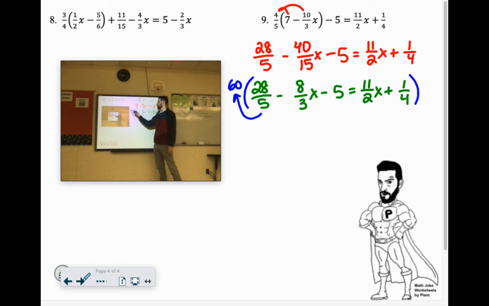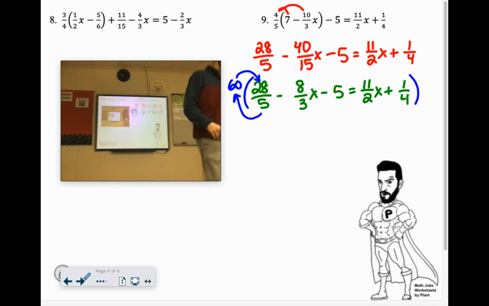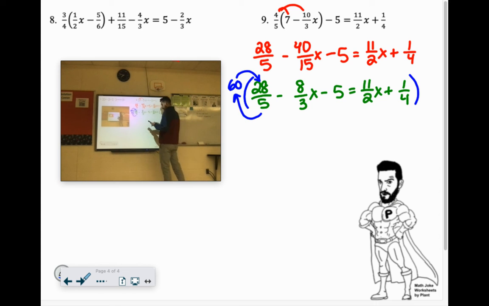5 goes into 60 12 times. I don't know what 12 times 28 is. Let me get a calculator just to make it quick. 12 times 28, 336. Minus 3 goes into 60 20 times. When we're doing 20 times 8, just do 2 times 8, 16, and then throw a 0 on it. 20 times 8 is 160.